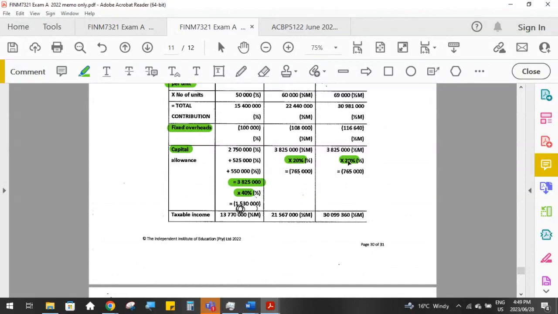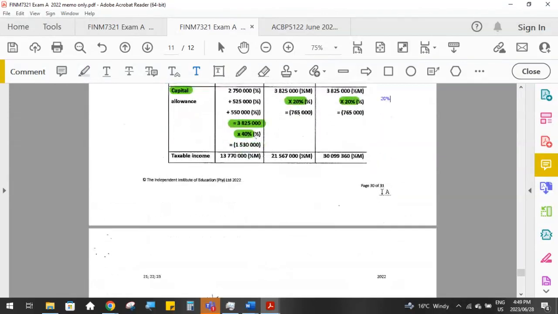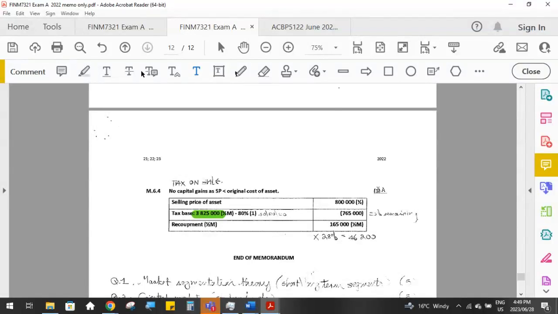So there is still 20%, because remember the tax allowance is 40, 20, 20, and in year 4 they are still allowed the other 20% balance from a tax point of view. So the carrying value from a tax point of view of the machine is still 765,000, which is 20% of its initial value. We haven't yet depreciated or claimed the tax allowance for that last 20%.